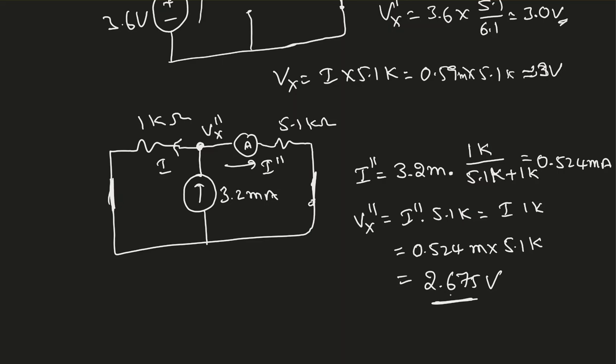So Vx double prime is 2.675 volt and I double prime is 0.524 milliampere. That's step 2.